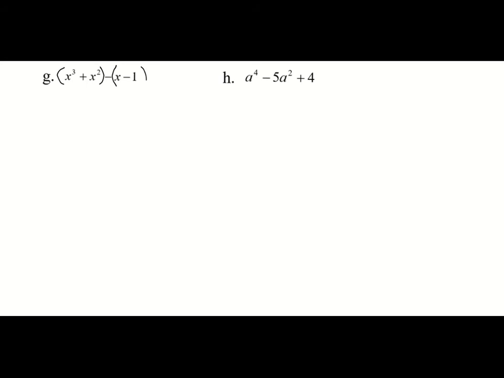So for the first pair, I can factor out an x squared. So I'll have x squared, and it will be x plus 1 when I factor out an x squared from both of these terms. Now, remember, the second pair, the leading coefficient in that pair is a negative. It's a negative 1. So I'm going to factor out a negative coefficient. So I'm going to factor out here a negative 1 because my GCF is 1. I'm going to factor out a negative GCF.